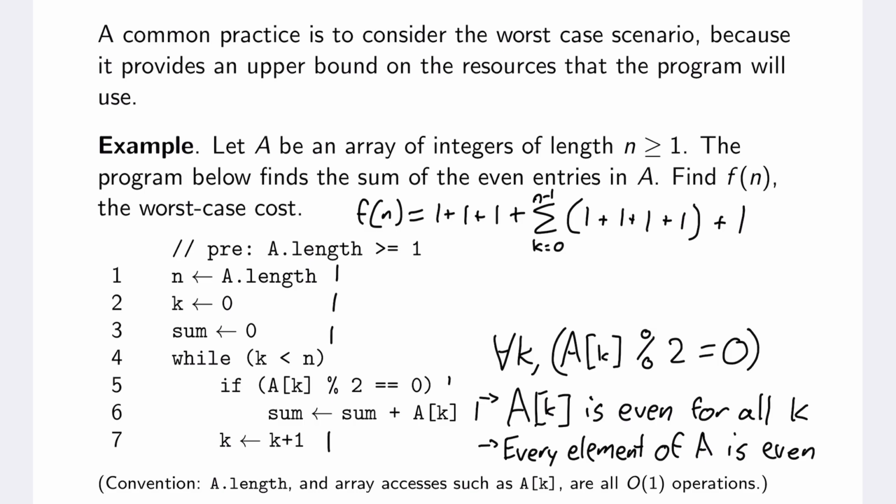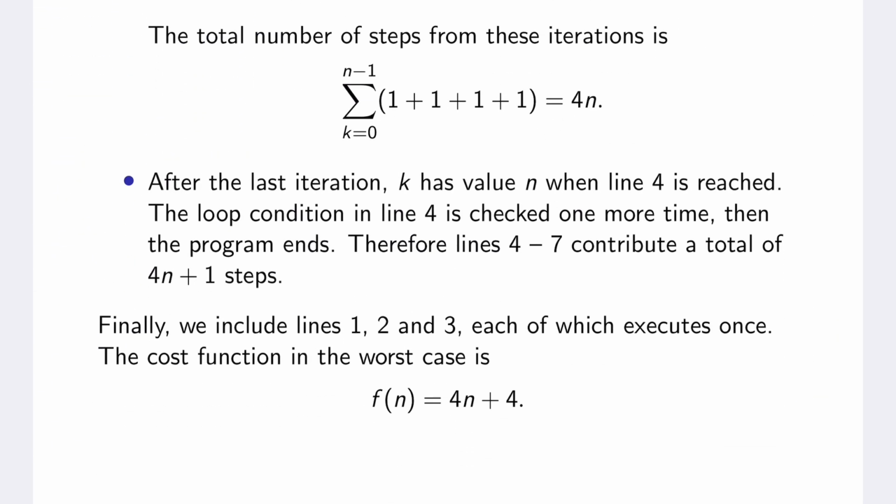It has an if statement, but as discussed, we're using worst case analysis, so we say that the if block takes a constant amount of steps. So with one loop, we end up with a cost function that is a polynomial of degree 1. The largest exponent of the variable in that polynomial is 1.